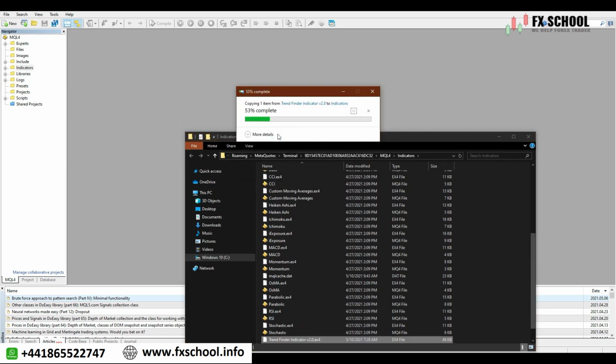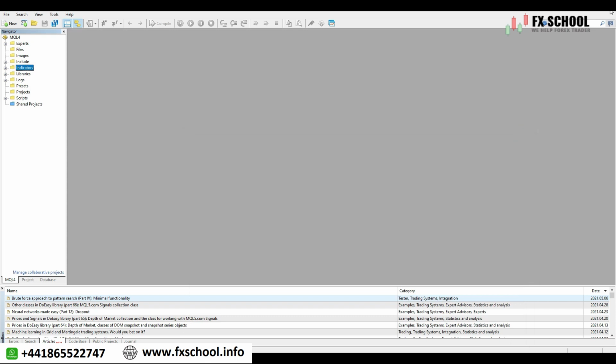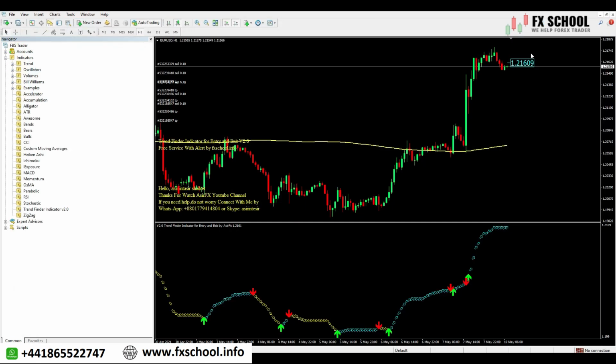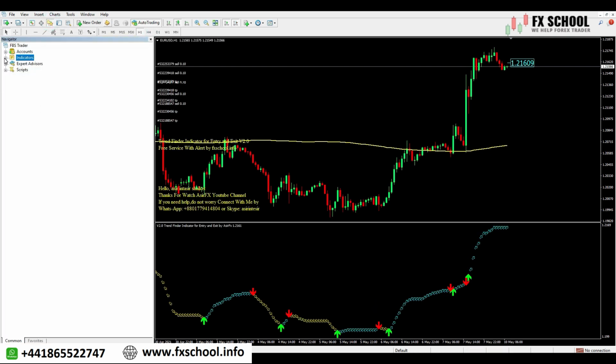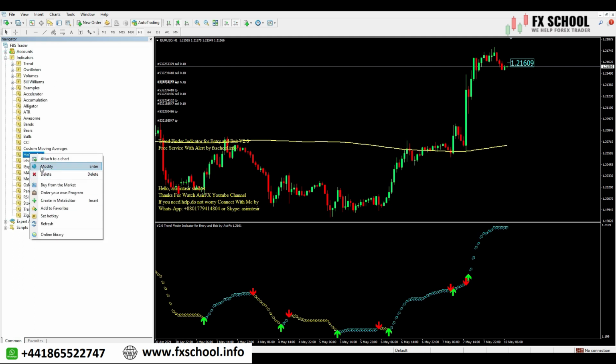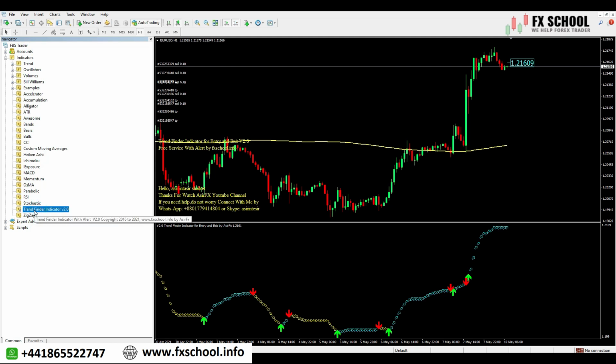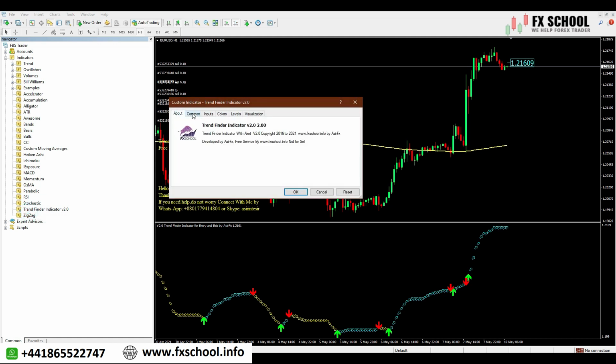Then close this folder, close MetaEditor, go to Navigator, and you can see the option indicators. Click the right button and give refresh. Then you can see one custom indicator named trend finder indicator. Double click here, and you can see this is our indicator.